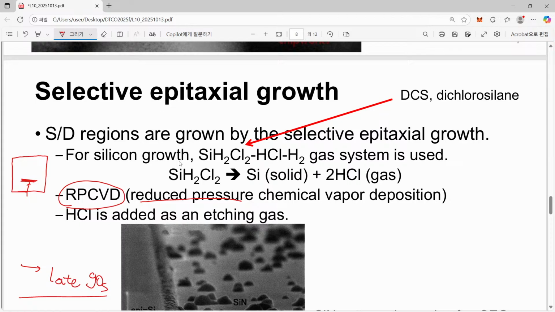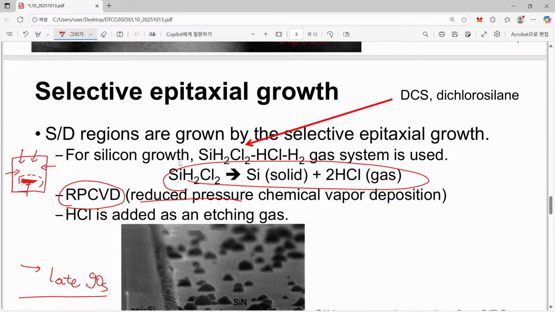The reason why we do local heating for this system is, if we heat up the entire space, then this reaction, silicon deposition, can happen everywhere. We wanted to minimize this unselective silicon growth, so we wanted to grow silicon only on top of a wafer, so we just heat it locally here.